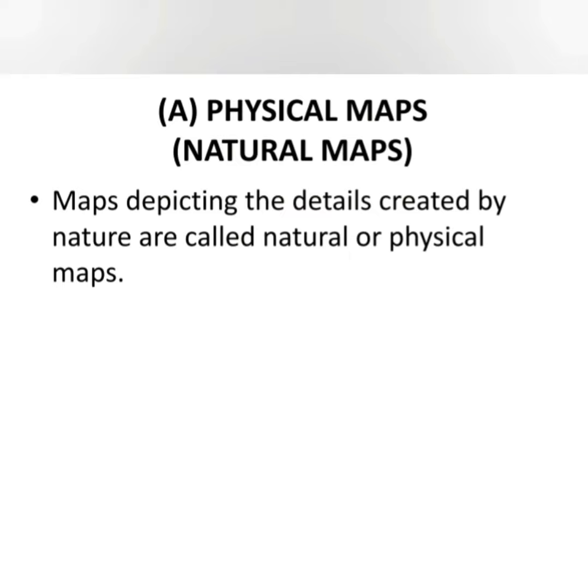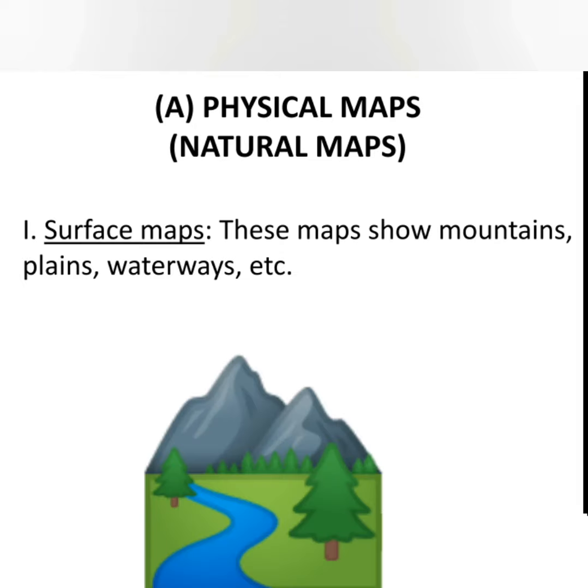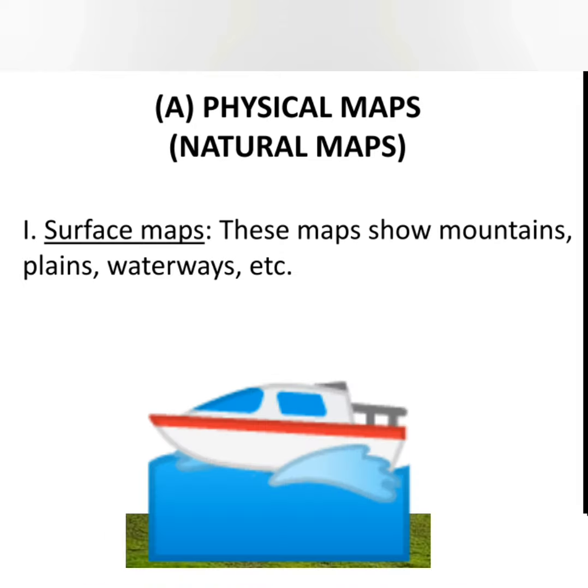Natural maps or physical maps are also further subdivided into different types depending on the features that are mapped in physical maps. First type is surface maps. Students, surface maps show mountains, plains, waterways and other physical features.